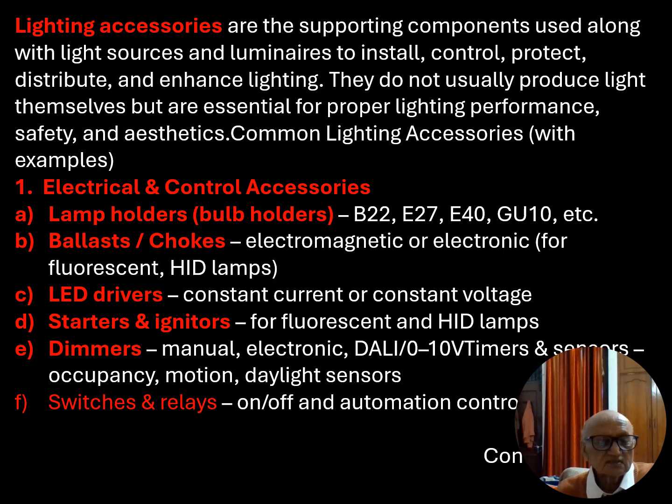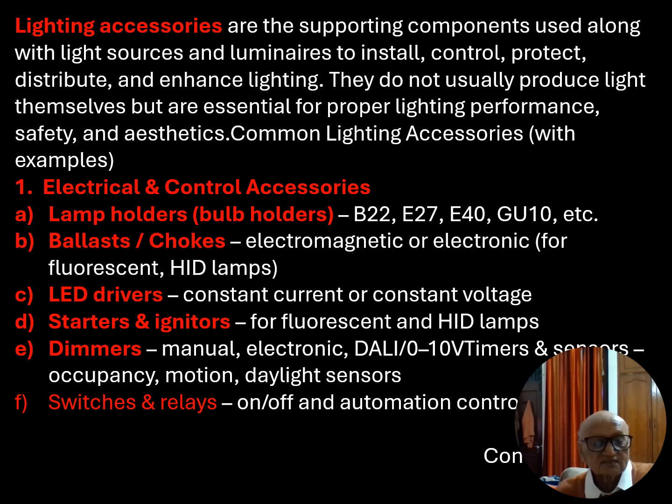LED drivers are used with the LED fitting to convert the AC power into DC power of constant current and constant voltage. This may be 6 to 12 voltage, and they generate heat also. That becomes a slight problem for air conditioning systems.